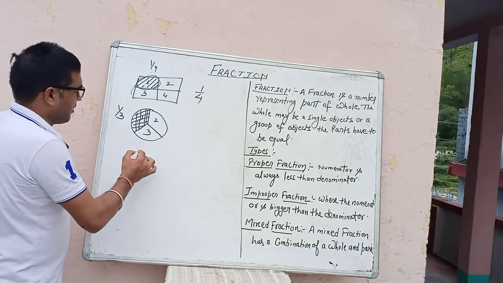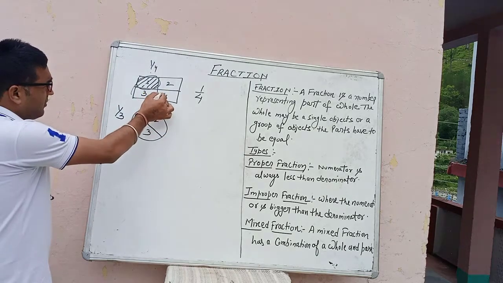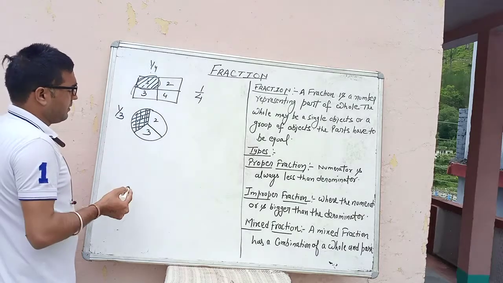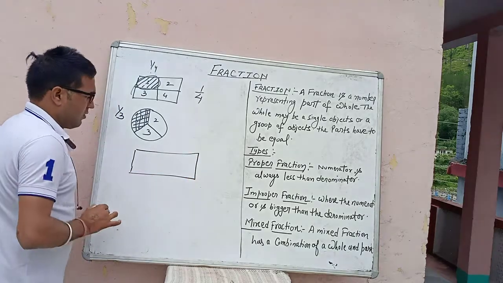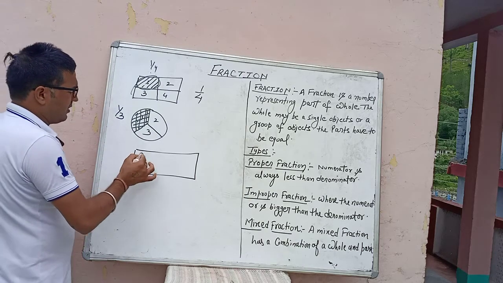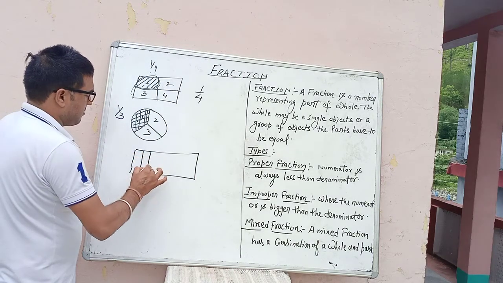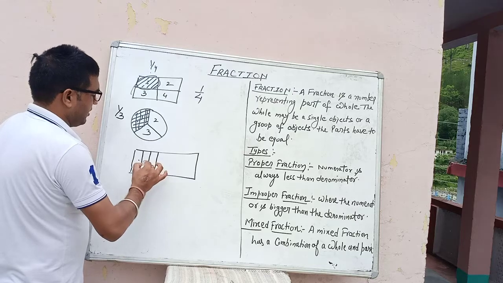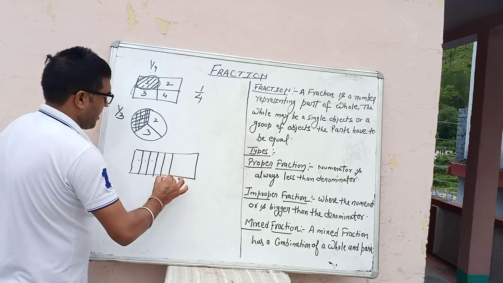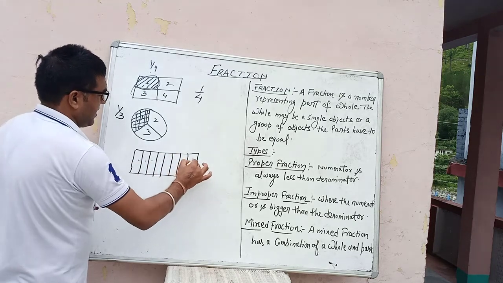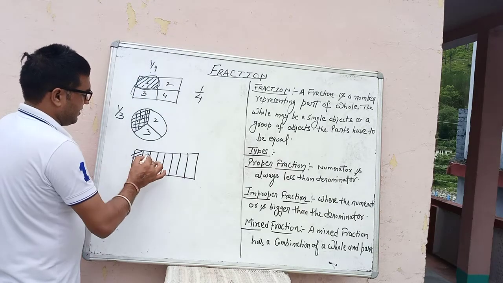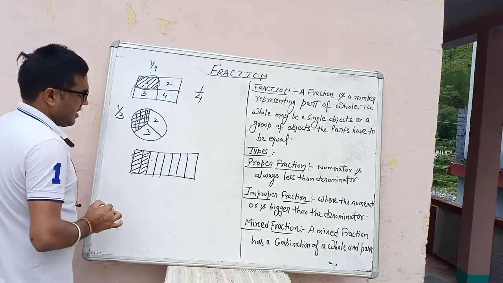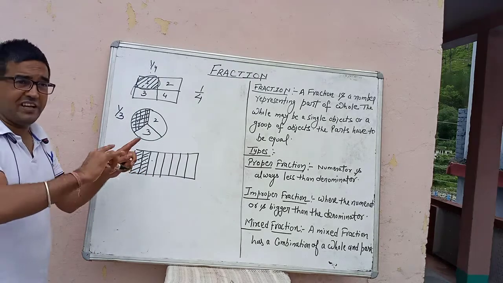Now we can take one more example, the third example. For example, you have this, and you are going to divide it into 1, 2, 3, 4, 5, 6, 7, 8 equal parts, and now you are taking 2 out of 8.